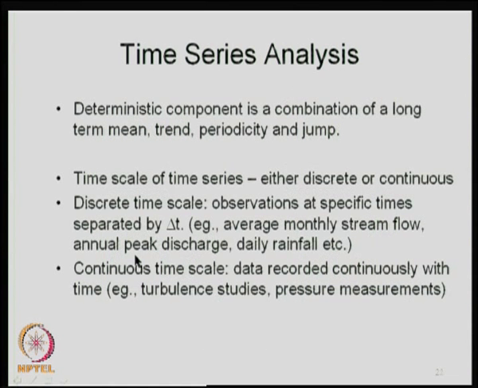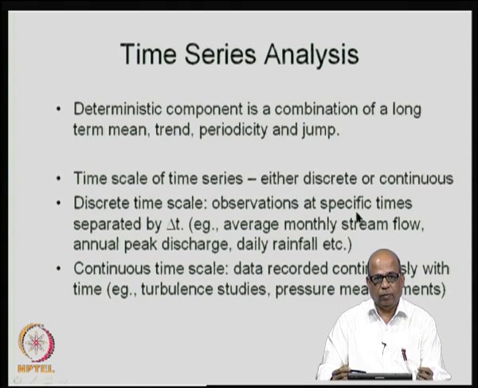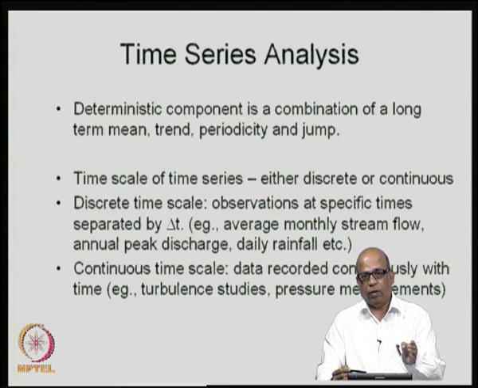In the discrete time scale, which we will be focusing on, we are dealing with observations at specific times separated by delta t. So, when we plot a discrete time series, we will be plotting, let us say, monthly stream flows: June of 1950, July of 1950, August of 1950 and so on.